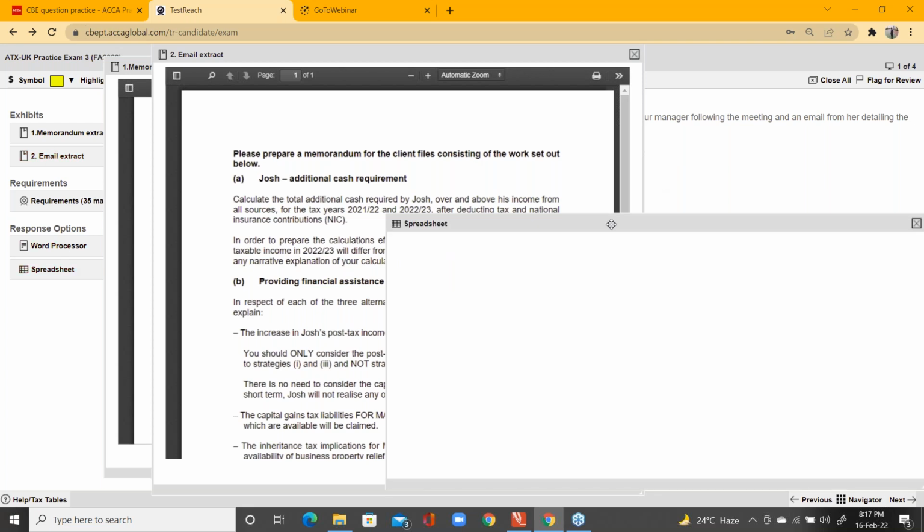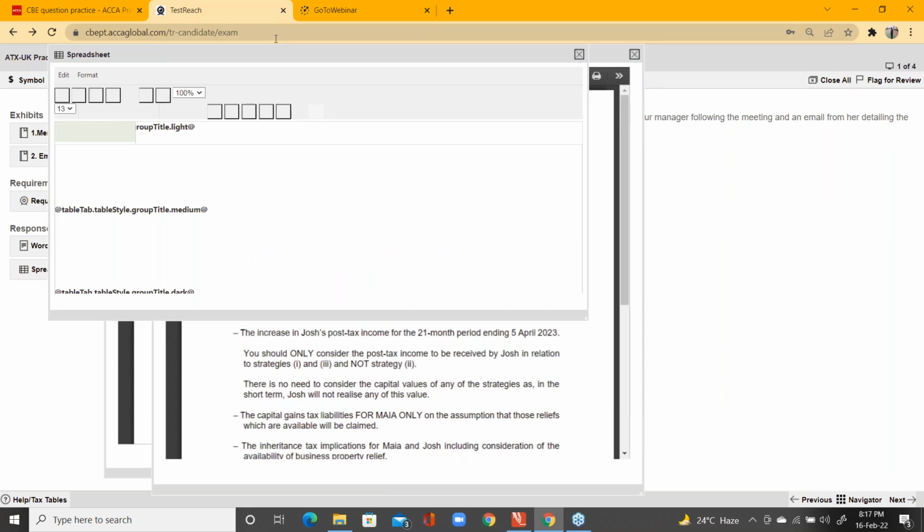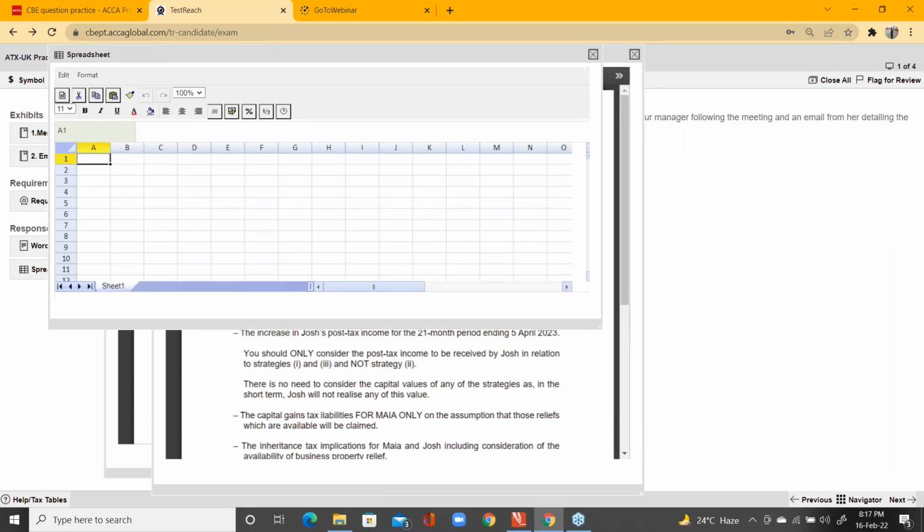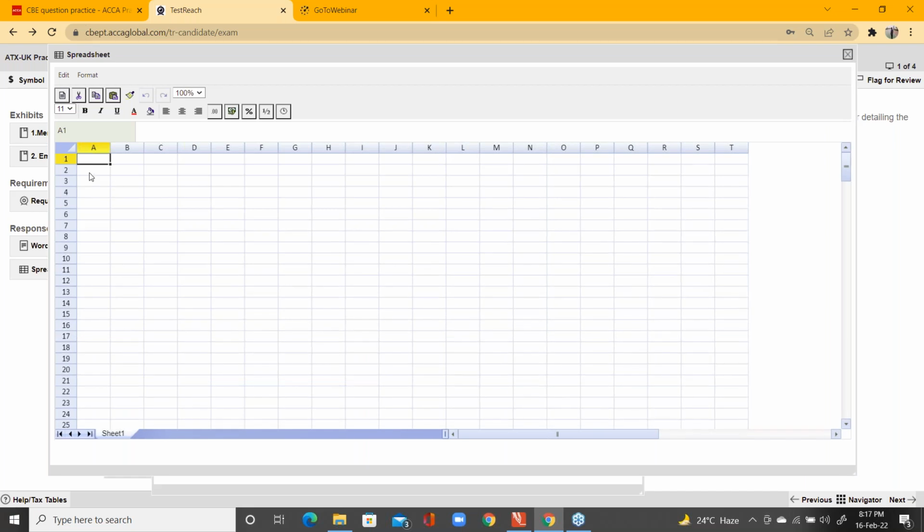So I'm going to open a spreadsheet, and using this spreadsheet we have to prepare. By reading the question's requirement, what you have planned actually, think more and write less. According to this strategy, we know one thing, that we are going to calculate Josh's additional cash requirement, but this cash requirement pertains to 2 fiscal years.